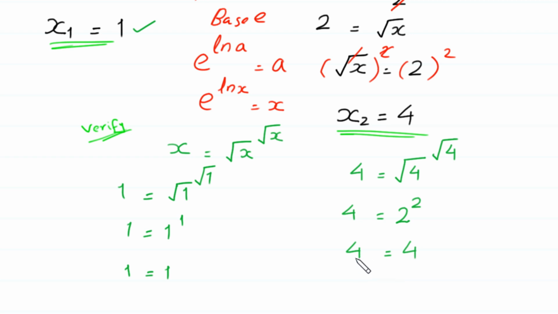You can see that left hand side is equal to the right hand side. So it is proved that this value of x, 4, is correct. So we have got two solutions of this equation. x1 is 1 and x2 is 4.